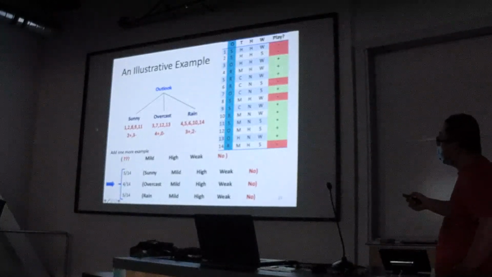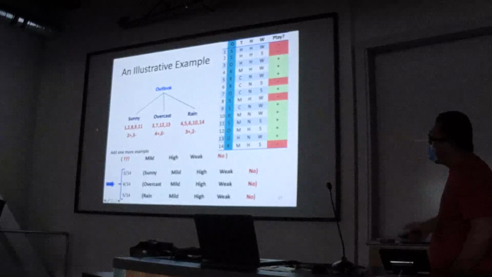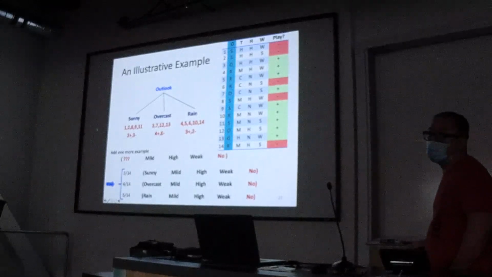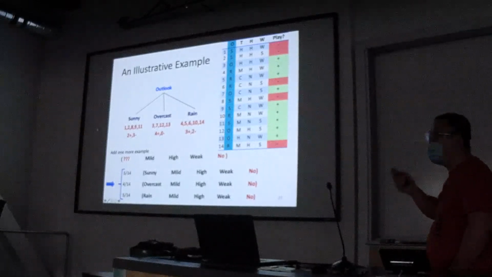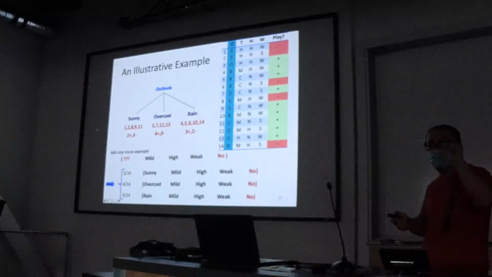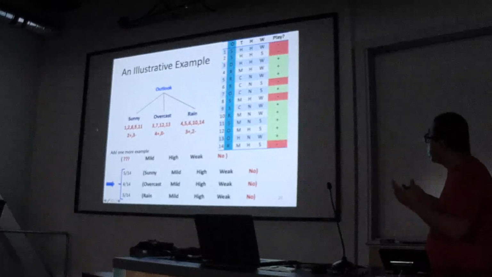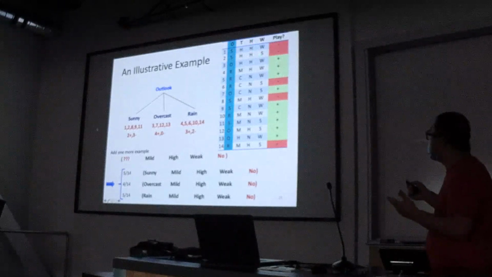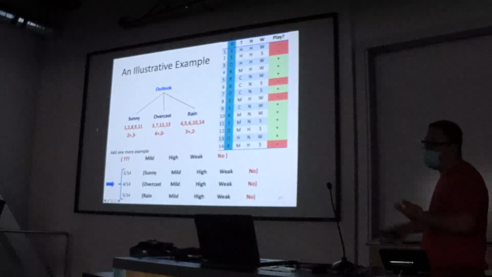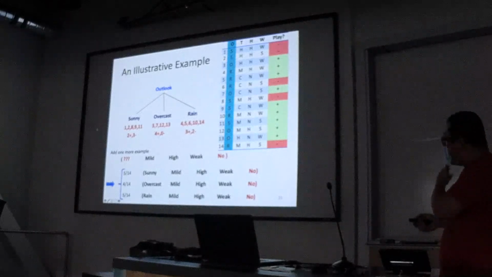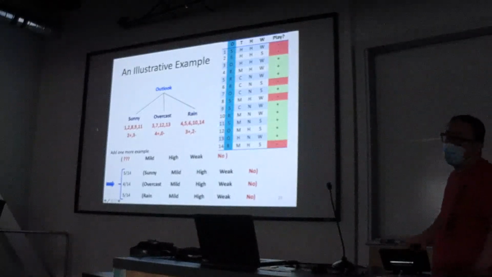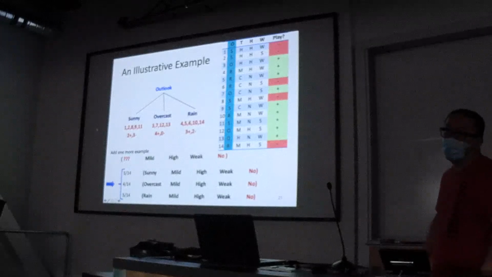So now, we calculate the information gain, because right now we still need to select an attribute to split the data set. We need to calculate information gain for temperature, for humidity, for wind, right? So let us use outlook as an example. This is the previous split, without these incomplete examples.